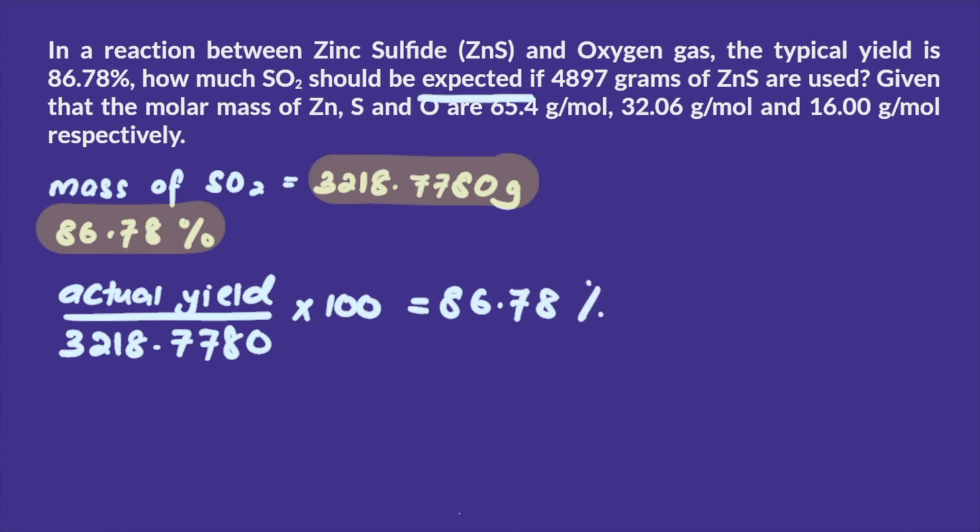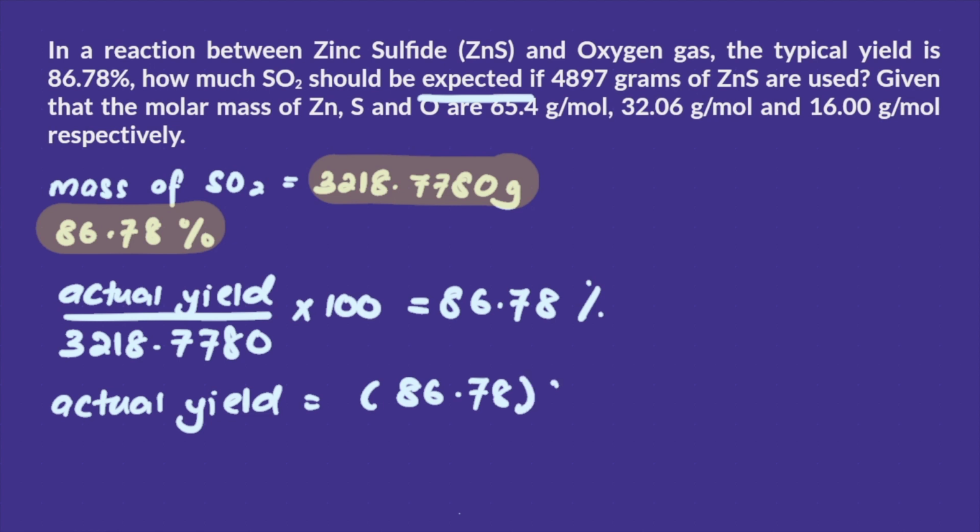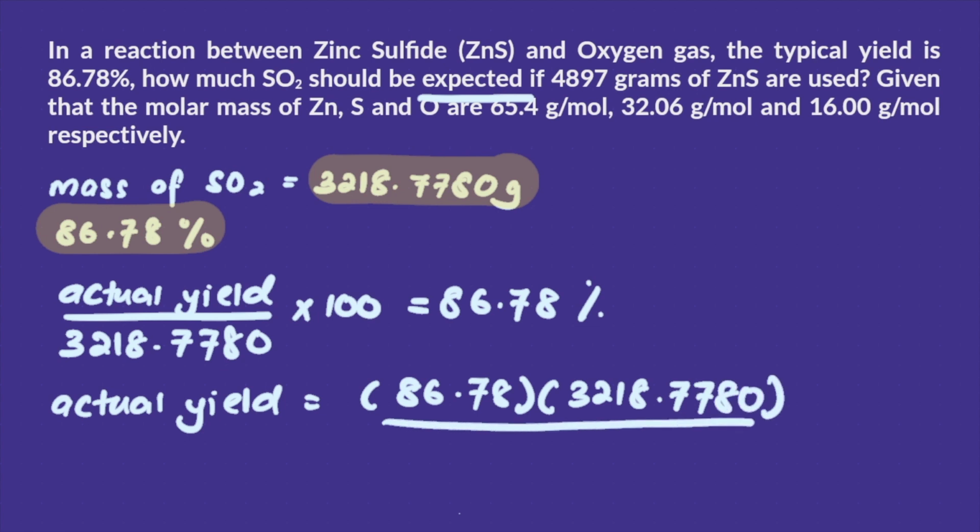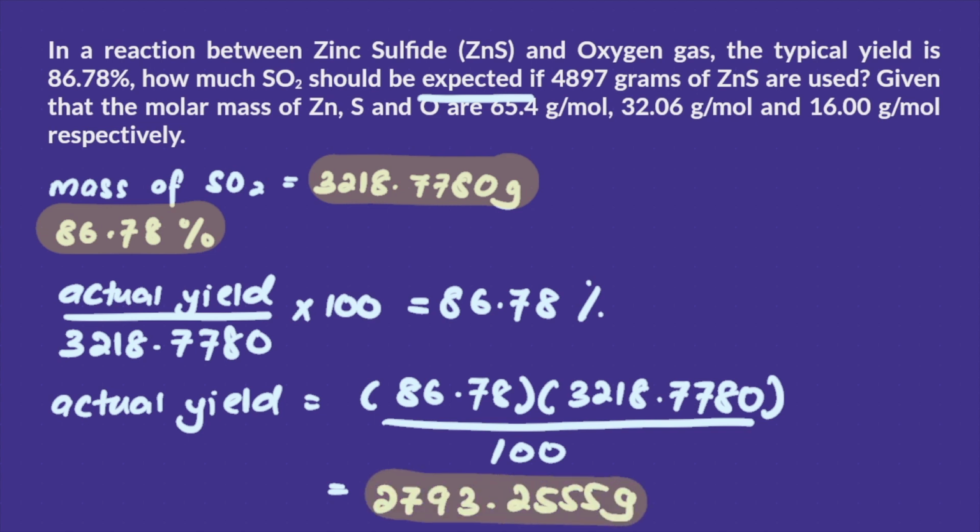Therefore, you should be able to calculate the actual yield is equivalent to this value, 86.78 times 3218.7780 divided by 100. Therefore, your actual yield should be 2793.2555 gram. So this is the final answer for this question.